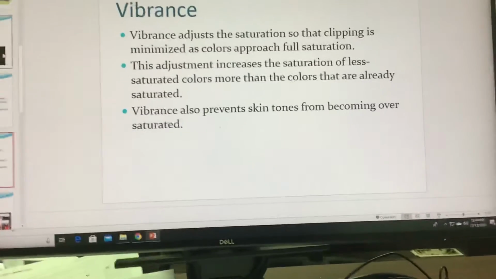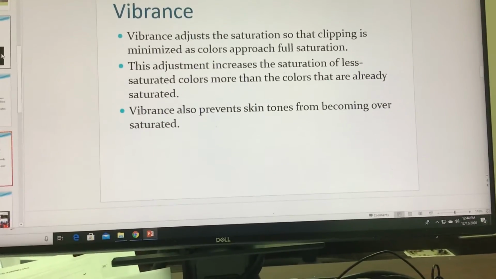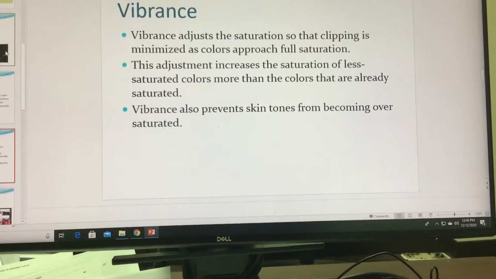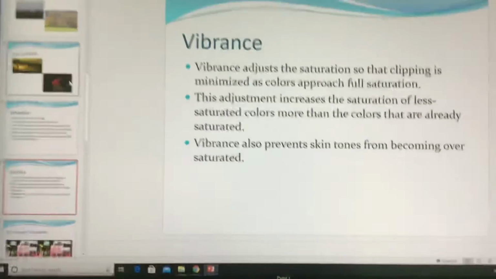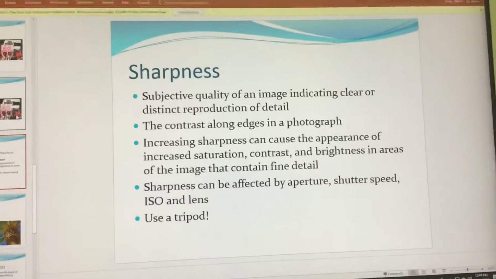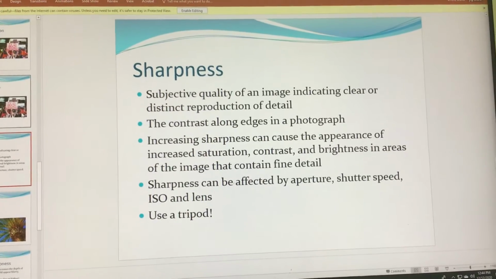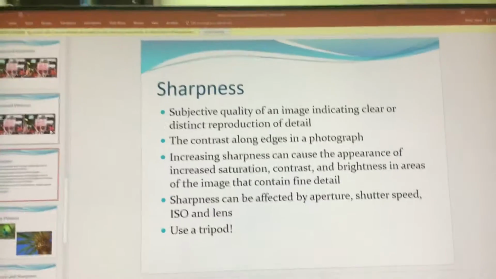So vibrance is kind of like smart saturation. It's increasing the intensity of only certain colors in a photograph. And then sharpness is the clear or distinct reproduction of detail.